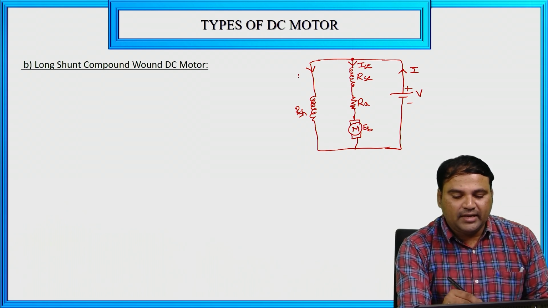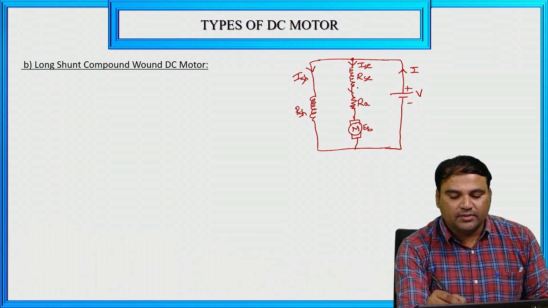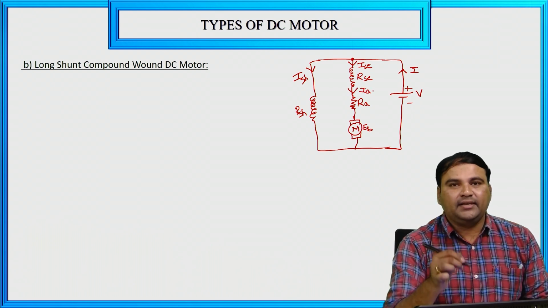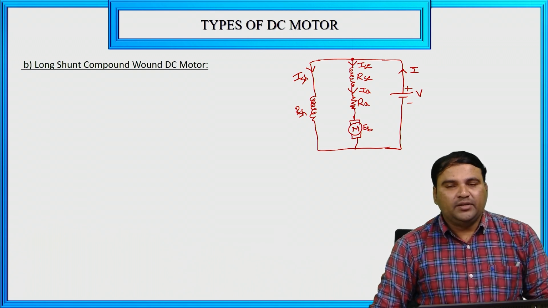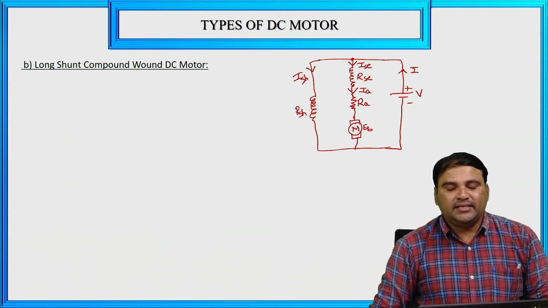Current through RSH is ISH. And here also the current through RA is IA, armature current IA. Okay, so current through RSC is ISC, that is series field current, current through armature is armature current IA, and current through shunt field winding is shunt field current ISH.